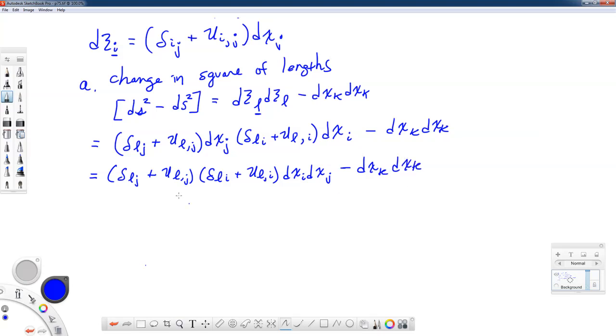Alright, now we can algebraically expand these two expressions in the brackets. Alright, so let me take the first one. I'll write it this way.